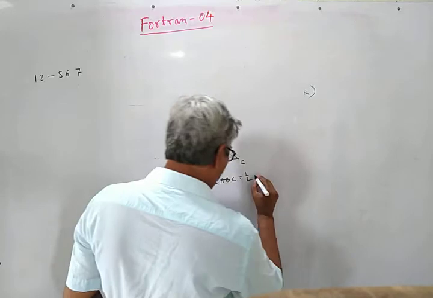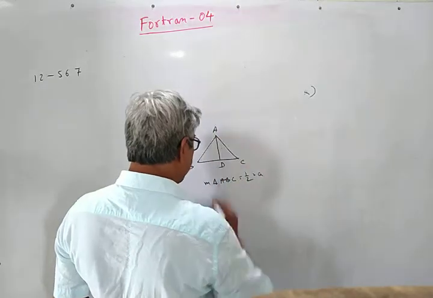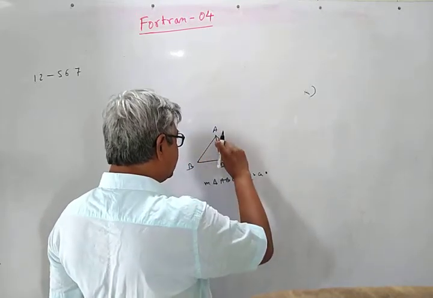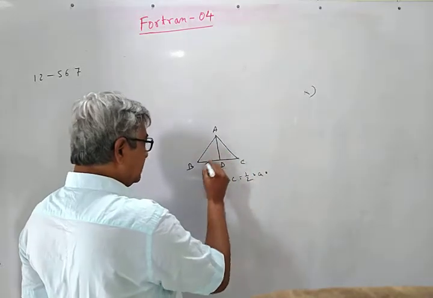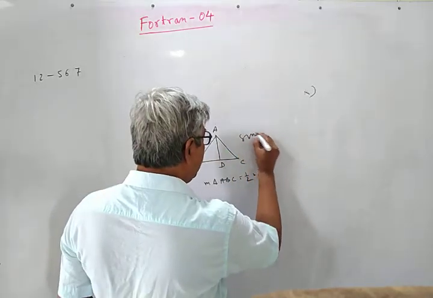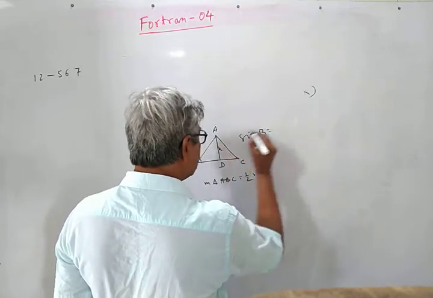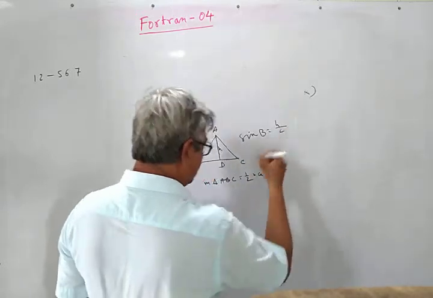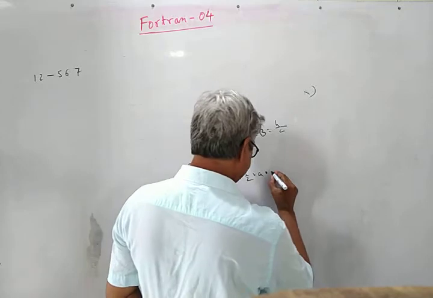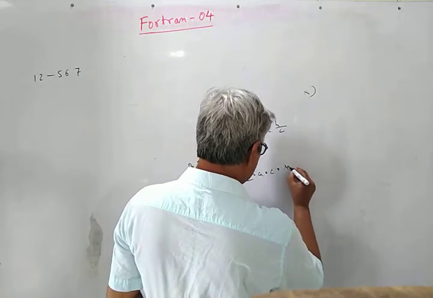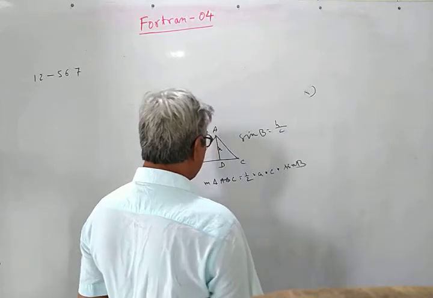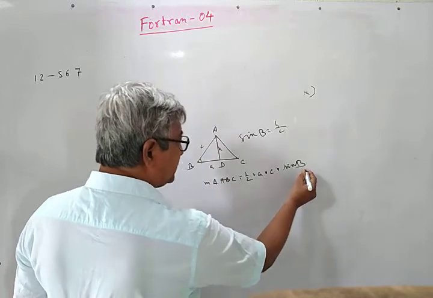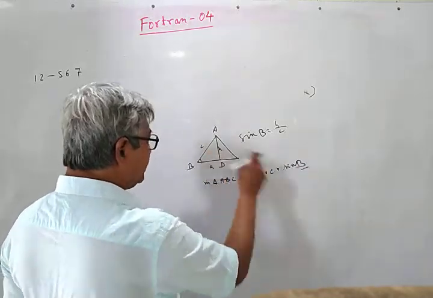For base it is small a times this much. If we take the angle B, then this is sine B is equal to H by this much, which is C, H by C. So we can write H is equal to C times sine B. So the formula is that if you take the two sides A and C, then it is the sine of the angle in between these two sides.